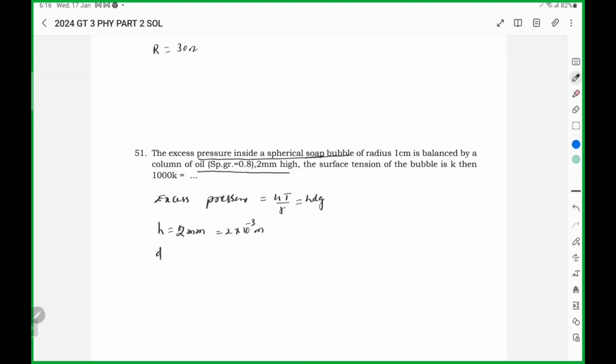So density is given as 0.8. g, you know, is 10. Radius is 1 centimeter, 10 power minus 2 meters.